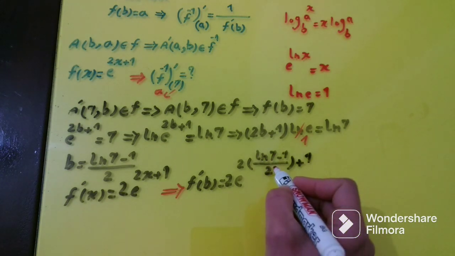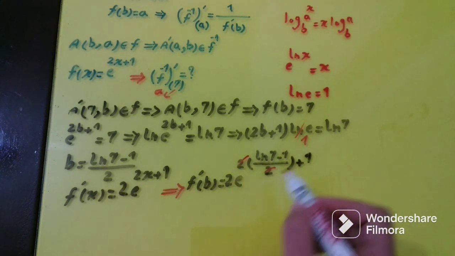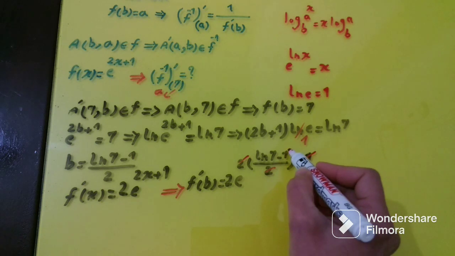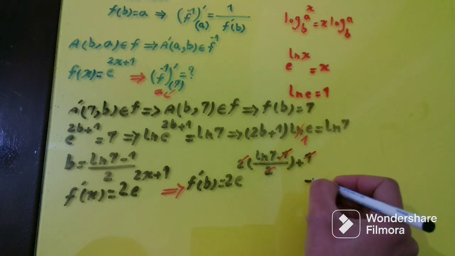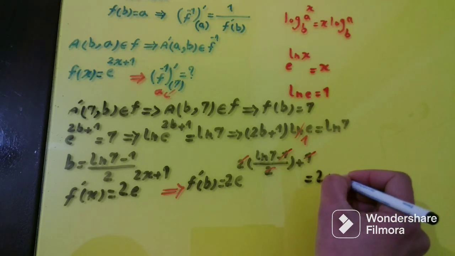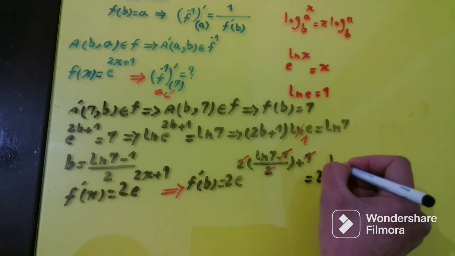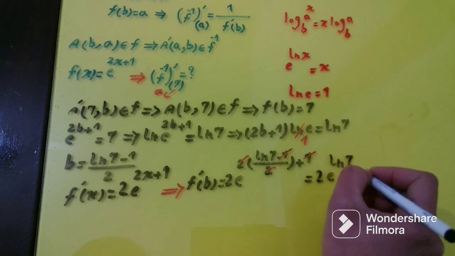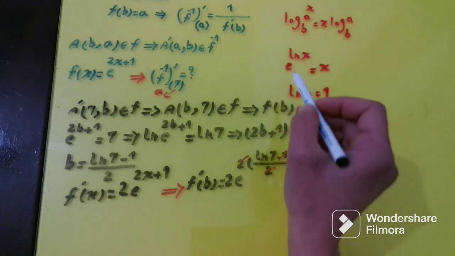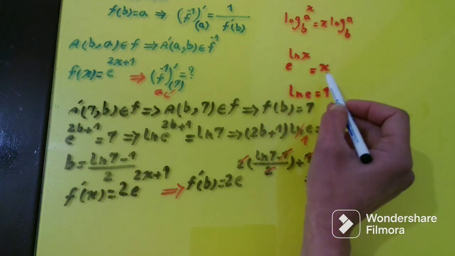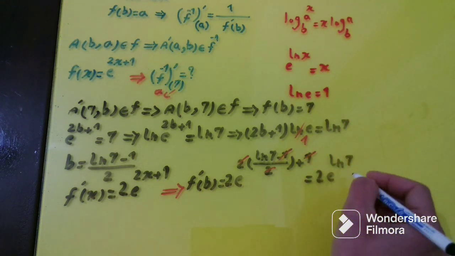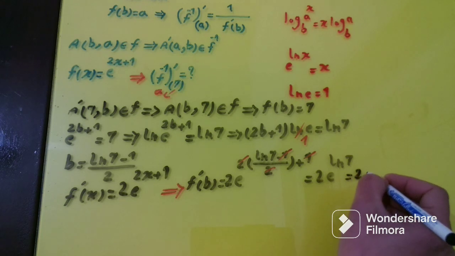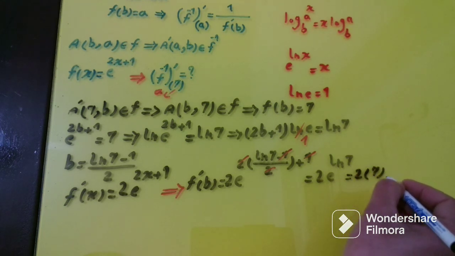We can cross out 2 and 1. So it's going to be 2e to the ln of 7. According to this formula, we can replace 7 instead of this term. It's 2 times 7. It's 14.